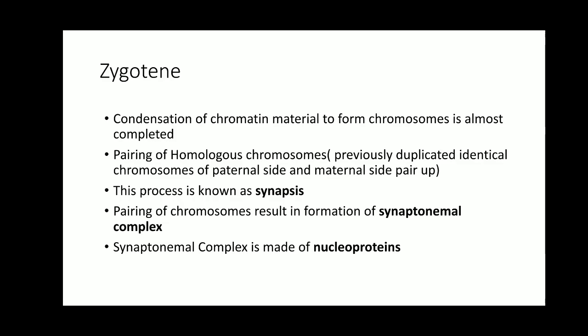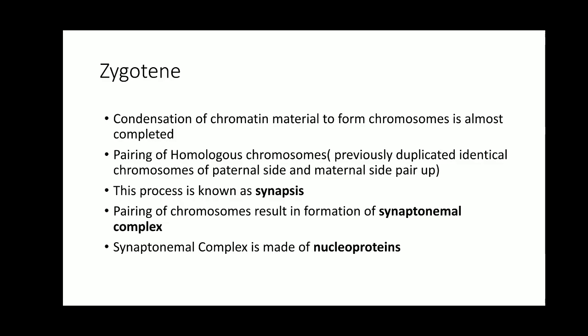Here the condensation of the chromosomes, which began in the previous stage, that is in leptotene stage, is almost completed. The condensation of chromatin material to form chromosomes is almost completed in the zygotene stage. The cell's DNA, which was in the form of chromatin fibers, is almost thickened, shortened, and it is in the form of thick chromosomal material.